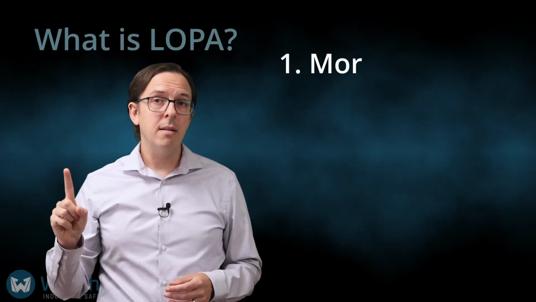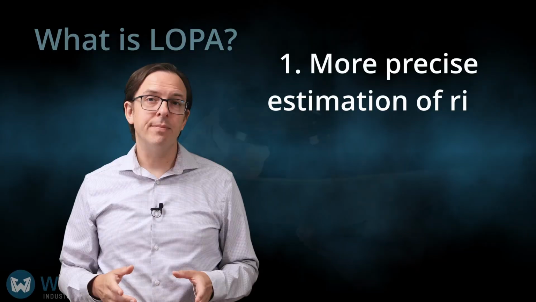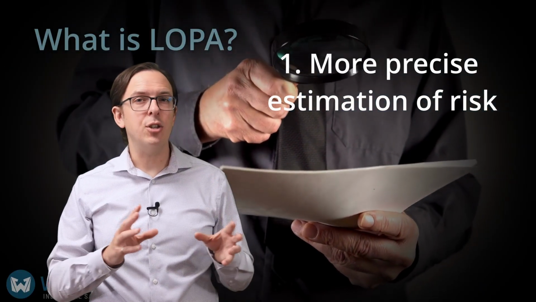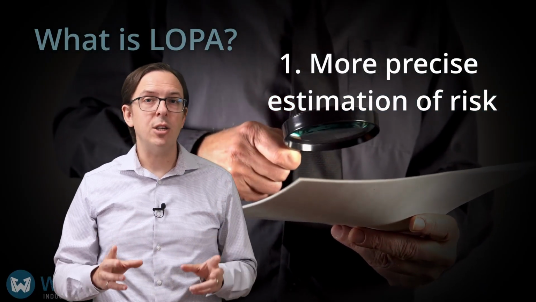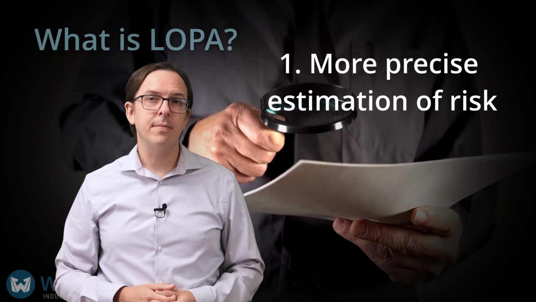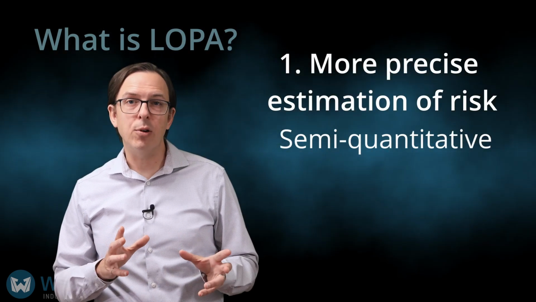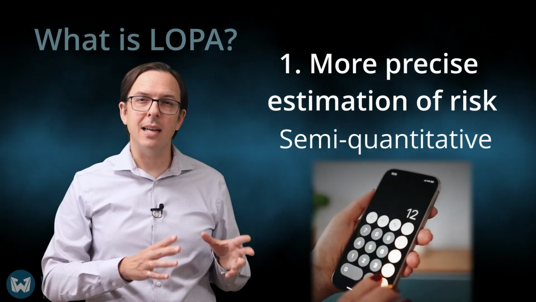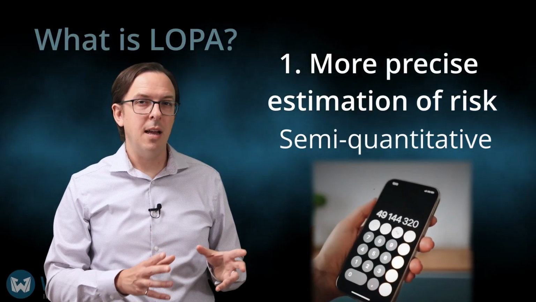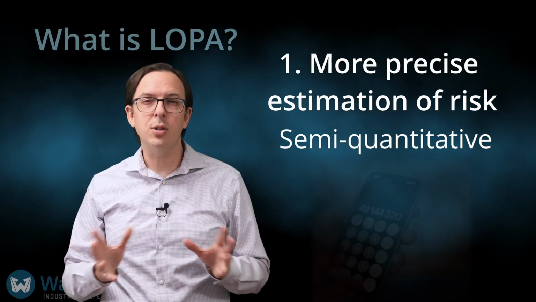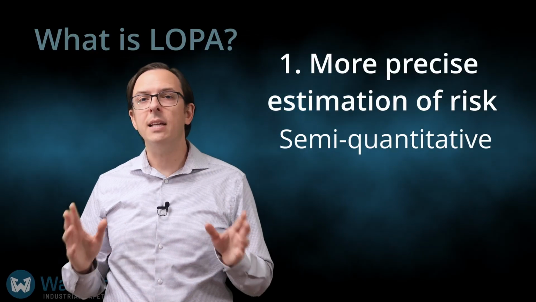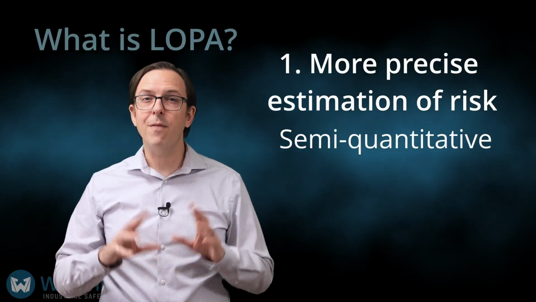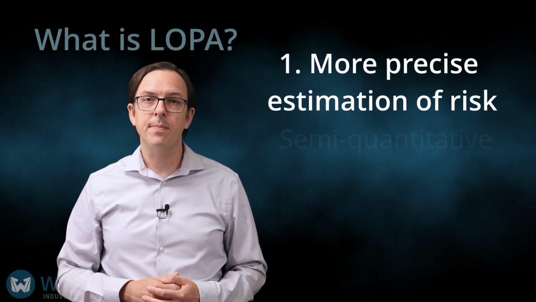LOPA is a PHA methodology that is used for three main purposes. One, more precise estimation. We take a closer look at potential hazardous scenarios with a rational, risk-based analysis. A semi-quantitative approach is used, which means that we use frequency numbers and probability math to get a more precise picture of the risk, but we are still using some assumptions and simplifications, and so the calculations are not as detailed as a full quantitative risk analysis.